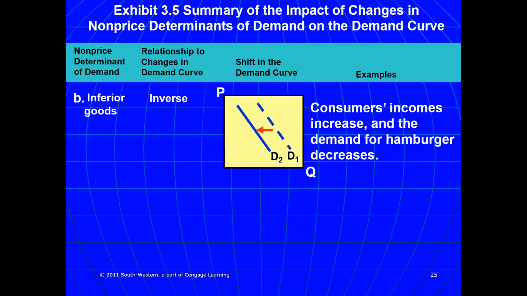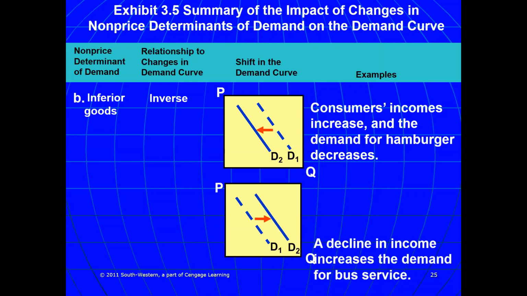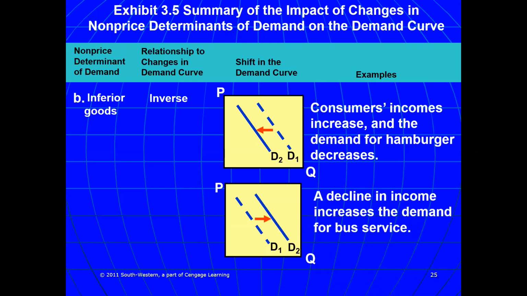You don't go to Goodwill as much. So the demand for cheaper cuts of meat like ground beef is going to decrease when you have more money. If there's a decline in income, then it's going to be the opposite.